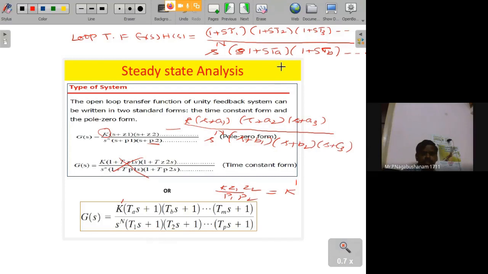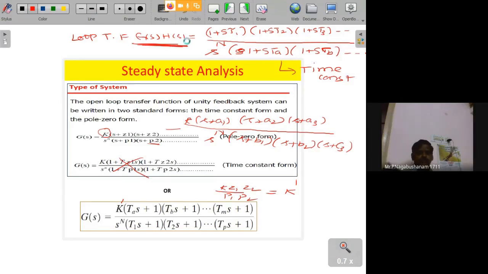This is called the time constant form, because it is 1 plus in the numerator and also 1 plus in the denominator. In the exam, they won't ask whether it is given in time constant form or pole zero form. We just have to know that to find the type number, I want the loop transfer function. That is the concept.